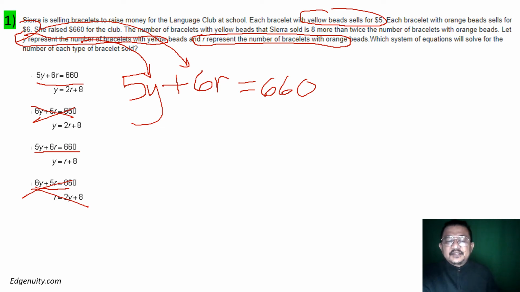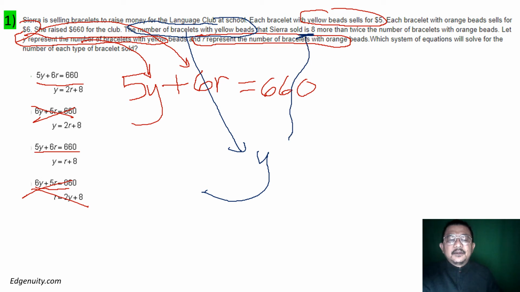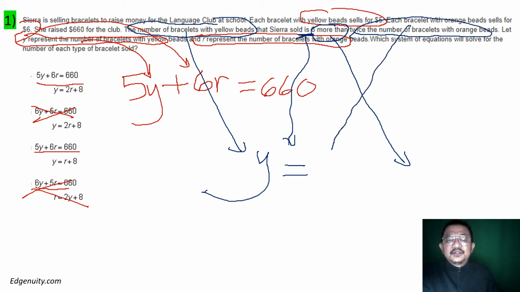Now we need a second equation. The number of bracelets with yellow beads, so the yellow beads is Y, that Sierra sold is. Is means equal. 8 more than twice the number of orange. 8 more than, you switch places. Twice the number of orange goes here.